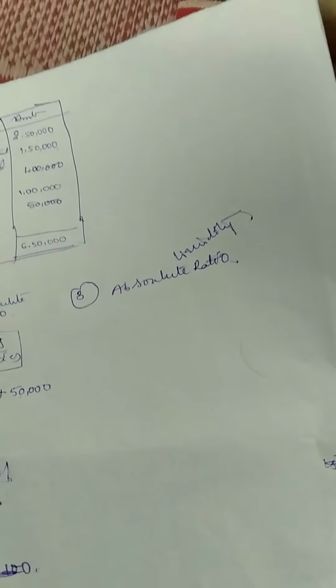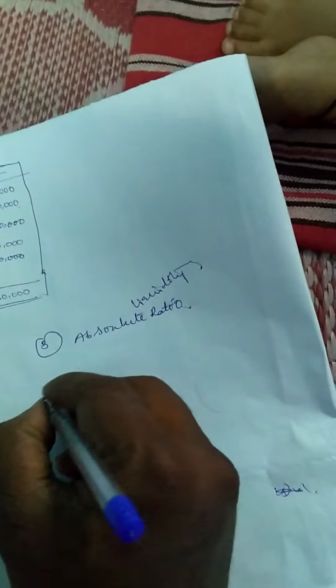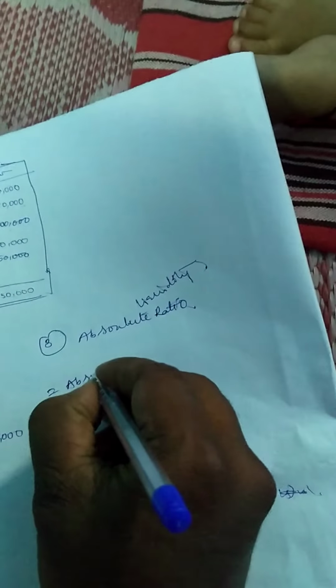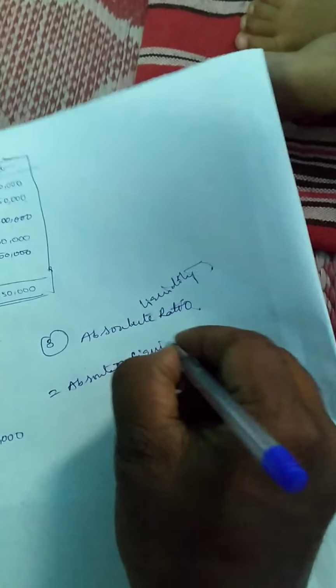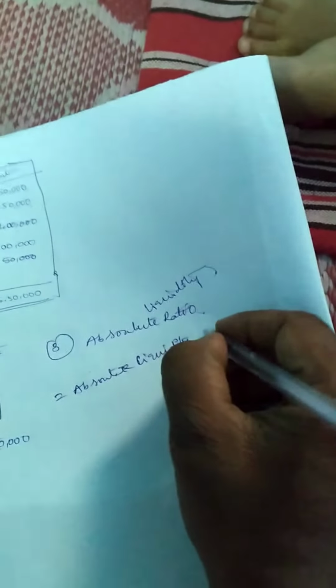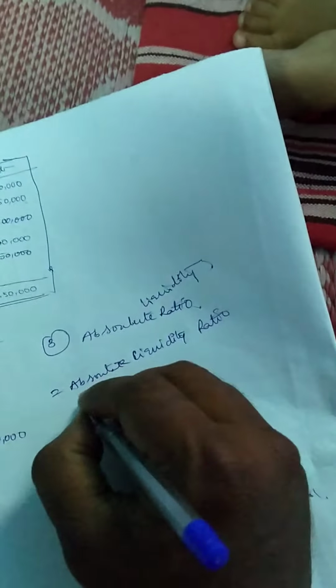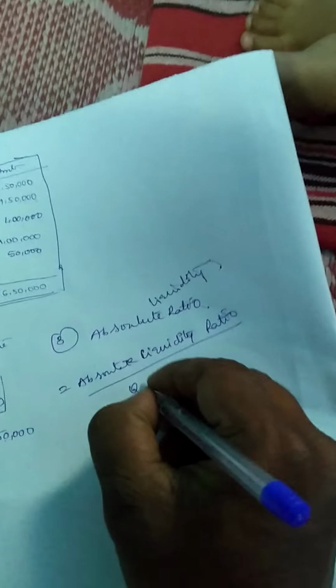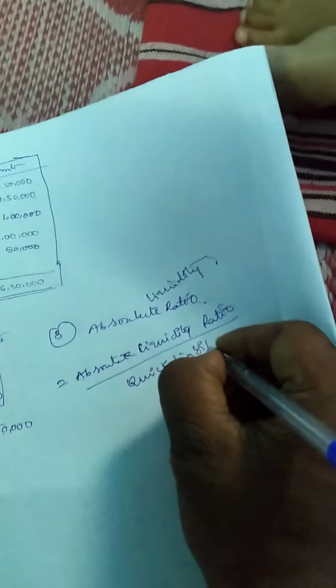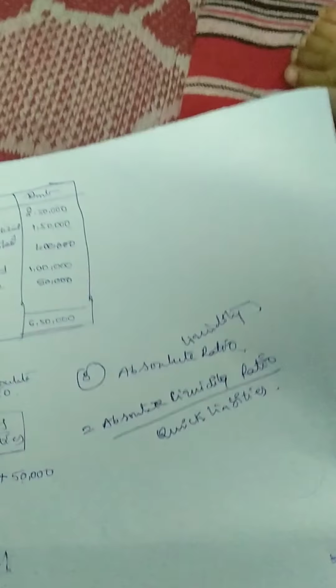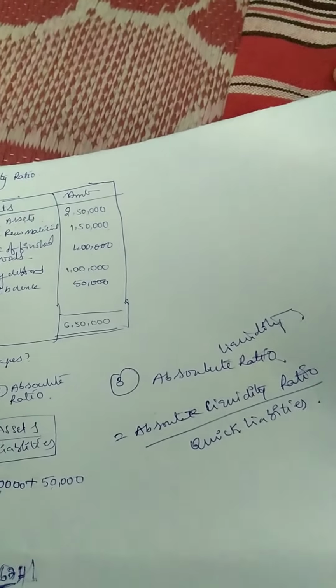Absolute liquidity ratio is equal to absolute liquid assets divided by quick liabilities.